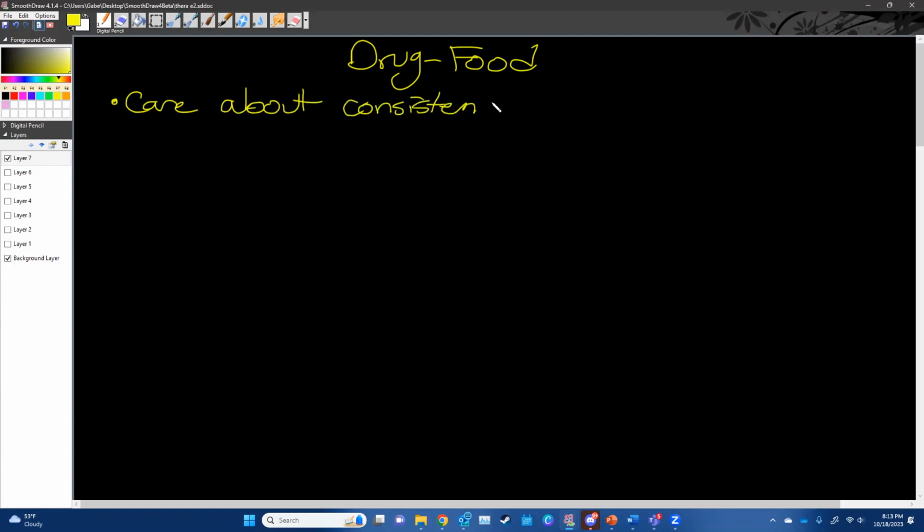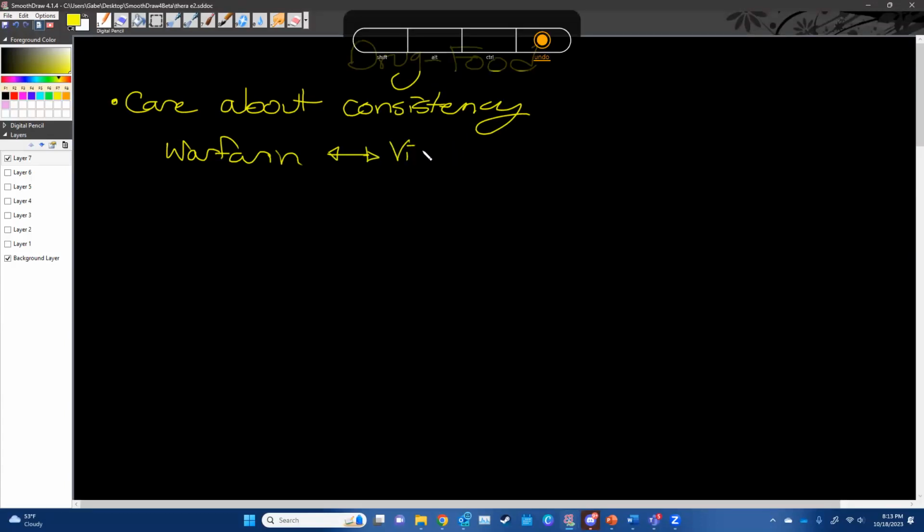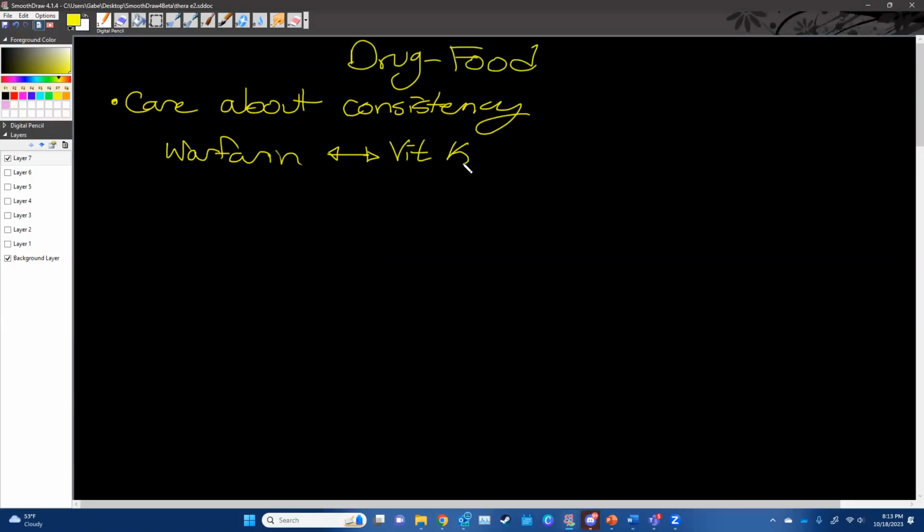For example, one of the drug food interactions that he gave you was between warfarin and vitamin K. Warfarin is an inhibitor of vitamin K dependent clotting factors.